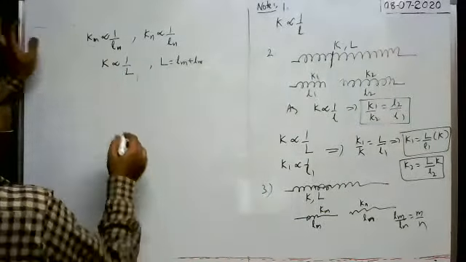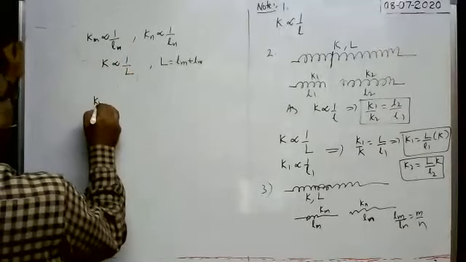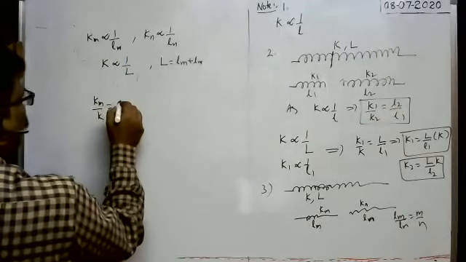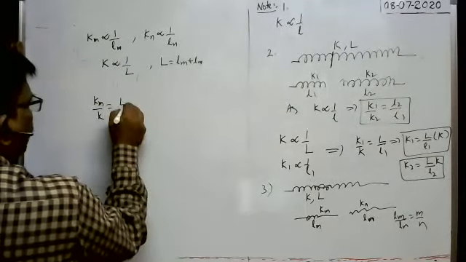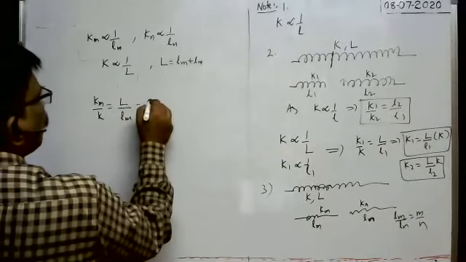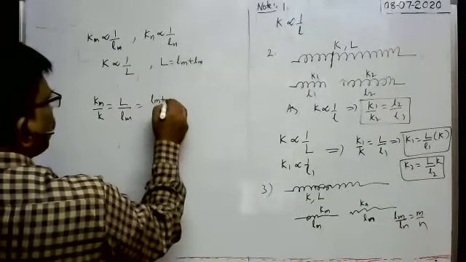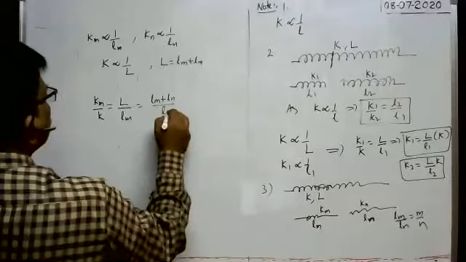Now to find the Km value, divide these two. Km by K is equal to 1 by Lm by 1 by L, that means L by Lm, which is Lm plus Ln by Lm.